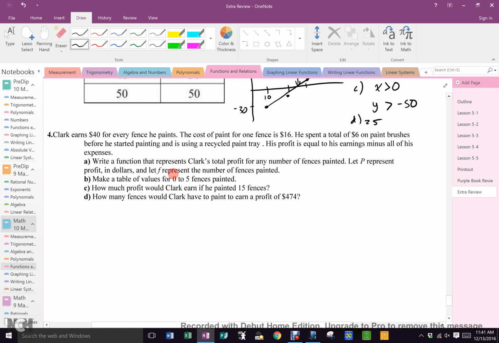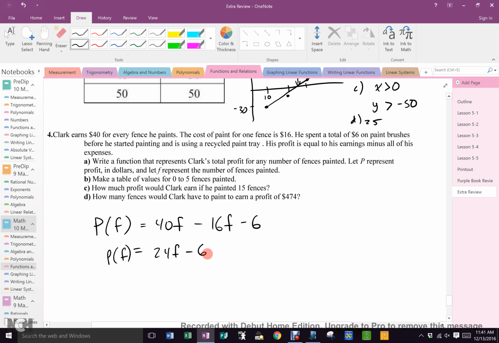And finally, Clark. P is profit, F is fences. He earns $40 for every fence. Cost of a fence is 16. So it's P of F equals $40 per fence minus $16 per fence minus the $6 he spent on brushes. Collect your like terms. The P of F is 24F minus 6.